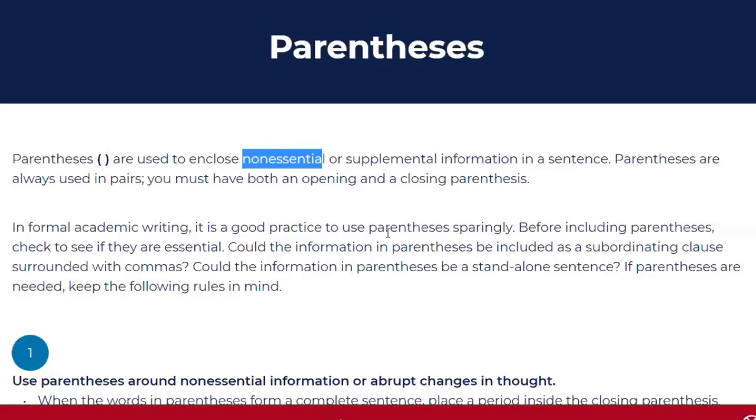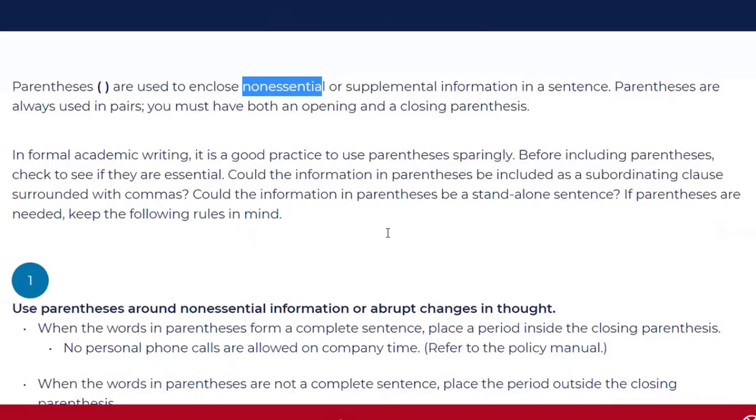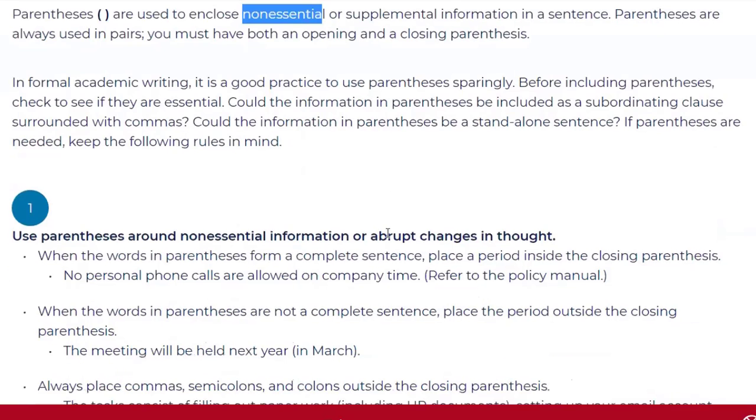Okay, so let's see some of the rules. If you have to use parentheses, you have to use non-essential information in that. So when you have non-essential information, the following rules should be kept in mind.